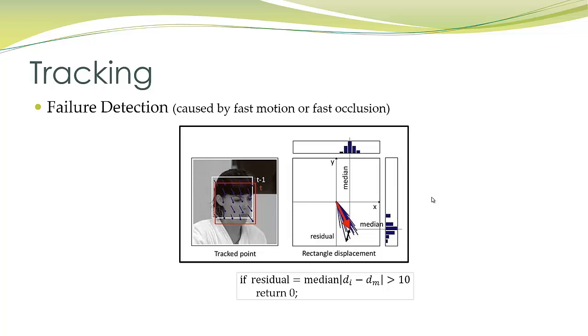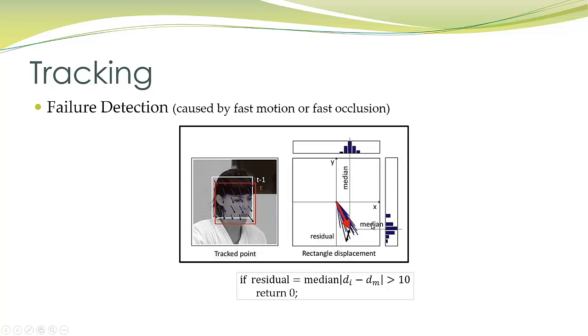The next thing is failure detection, which was also designed into the whole process. After the previous two stages, there are only a few points remaining. So all you have to do is calculate the median of all these points. For example, you have maybe a dozen points left, and you calculate the median along the x direction and along the y direction respectively, and you get the median vector.